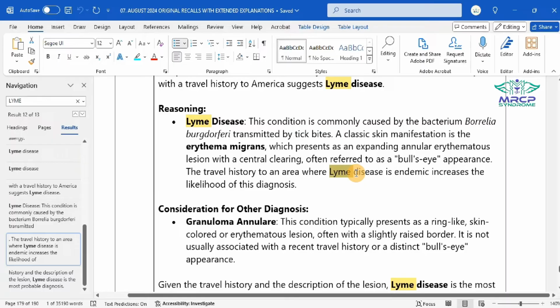And the bullseye appearance is the pathognomonic feature of Lyme disease. So a classic skin manifestation is erythema migrans, which presents as an expanding annular erythematous lesion with center clearing, often referred to as bullseye appearance, and also the travel history. This is more suggestive of Lyme disease.